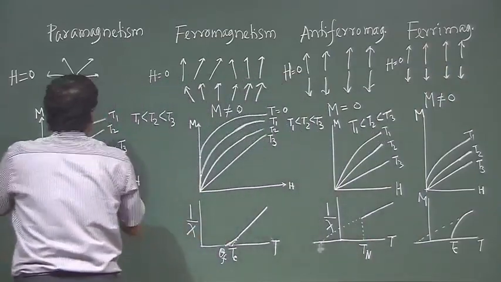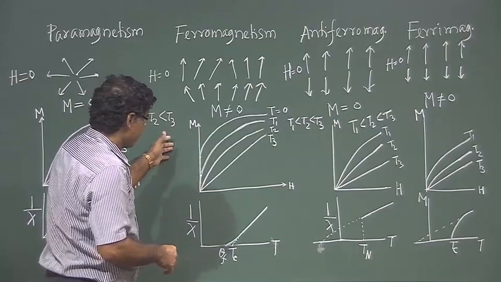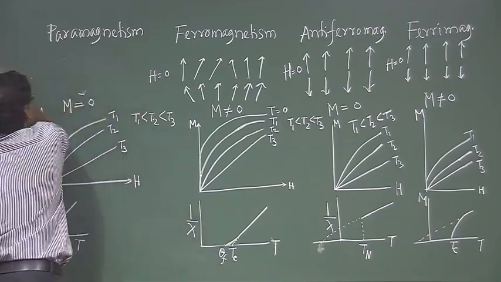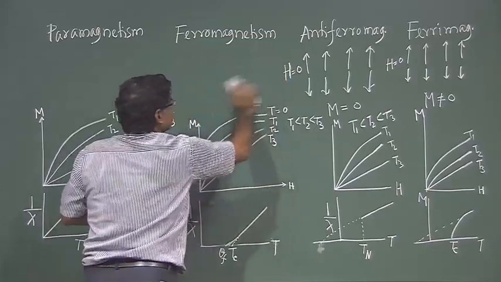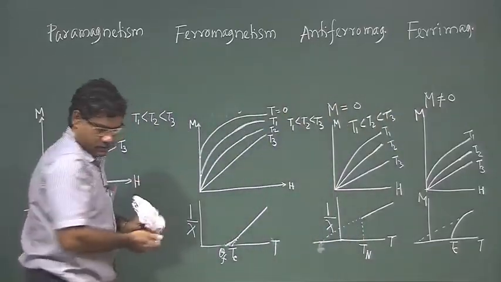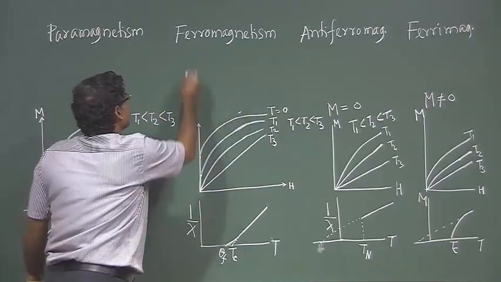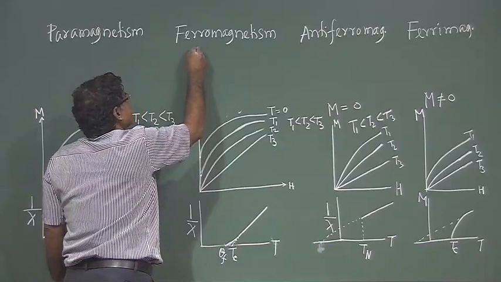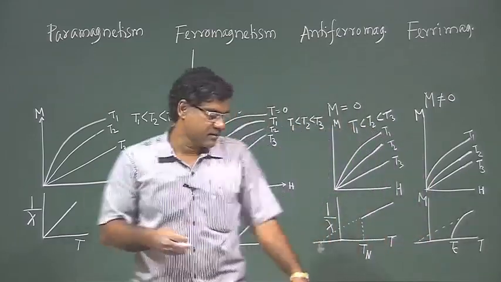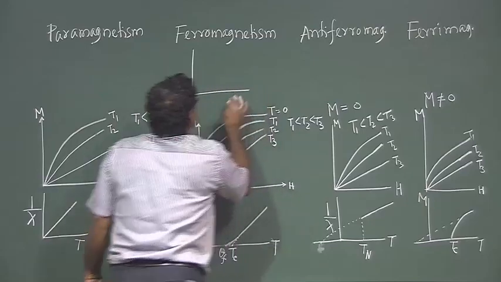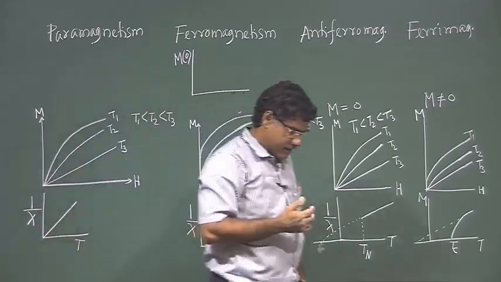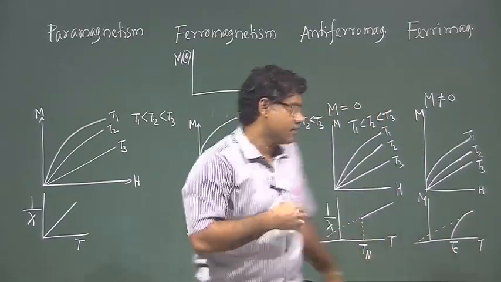Okay. So, now the question is these two materials, ferromagnetic part and this ferrimagnetic part. Additionally, if you measure the magnetization as a function of temperature without magnetic field, okay, we call this M0, without magnetic field, whereas MH is magnetization as a function of magnetic field.